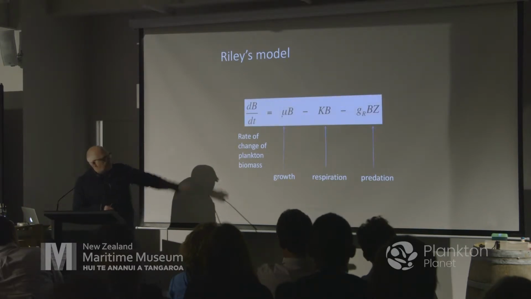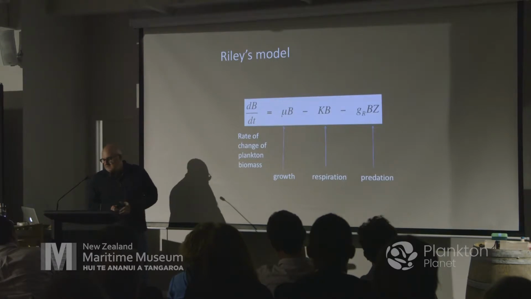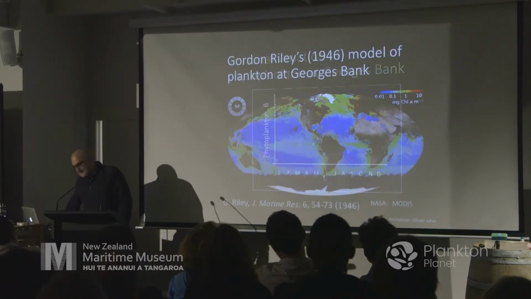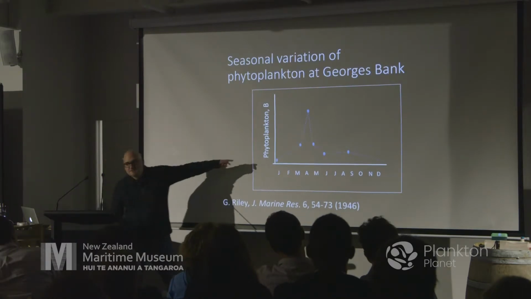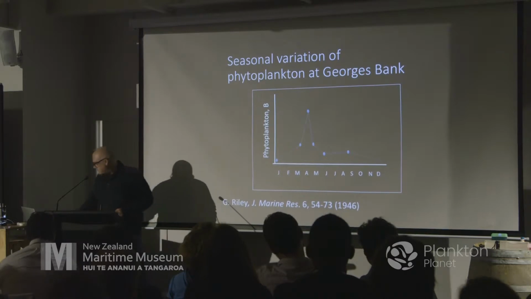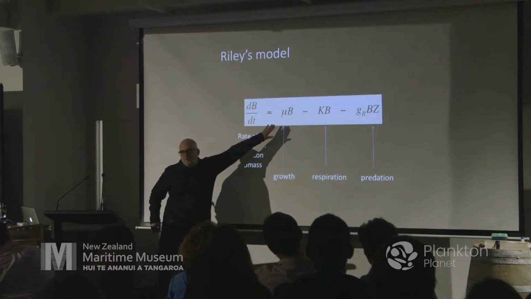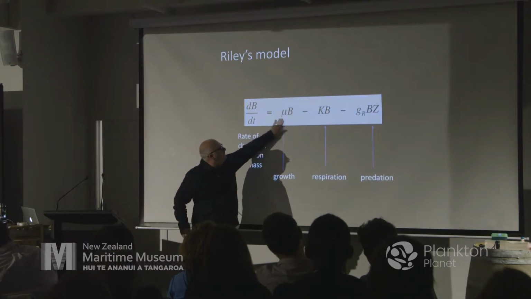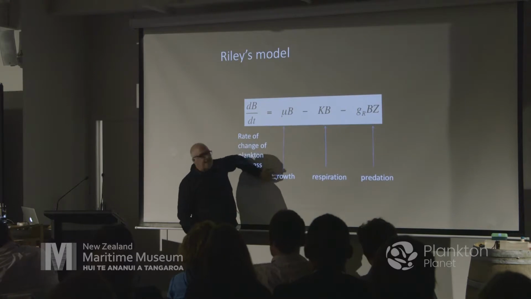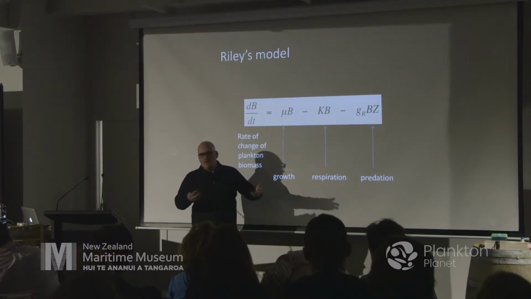And it says that the rate of change of the phytoplankton concentration, so how steeply this curve rises and falls, depends on the balance between growth processes and loss processes. So this is population growth, and it depends on the availability of nutrients. It's like your plants, you feed them, they grow.